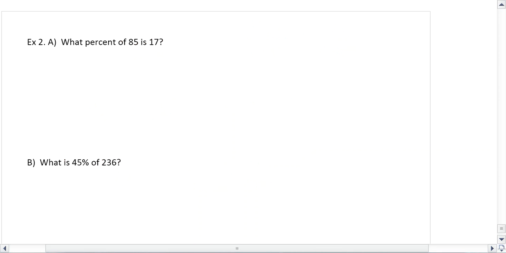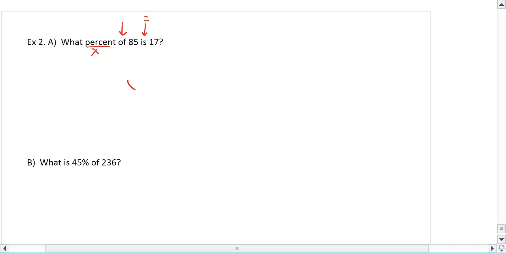Next example, we're going to write a percent equation and solve it. So we need to translate this from words into algebra. So please recall the word of means multiply, and the word is means equal. So what percent, that's going to be our x. And we need to take note that we are asked to find a percent.